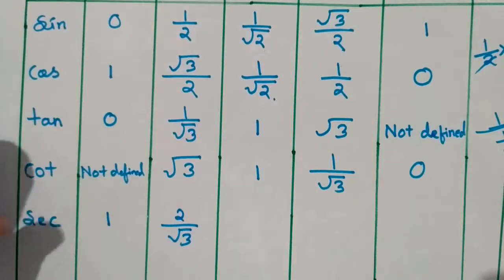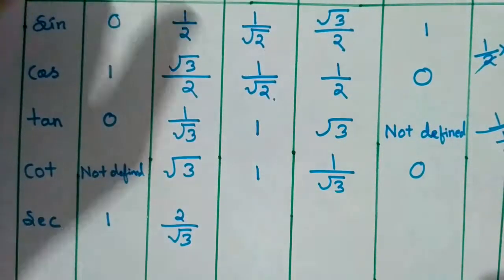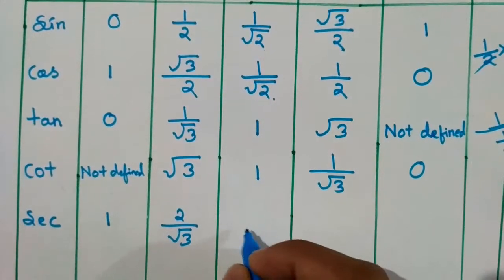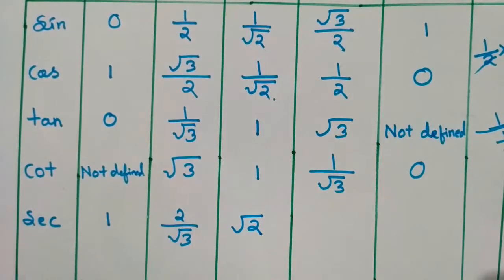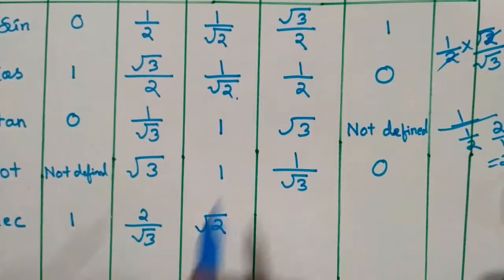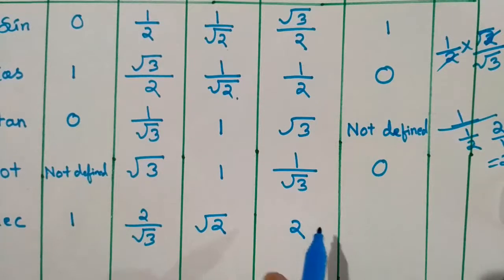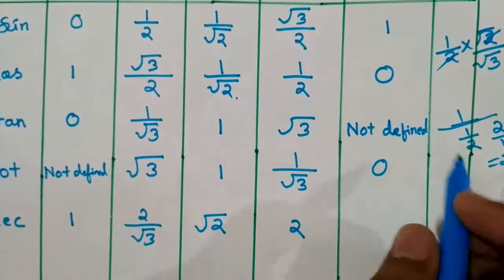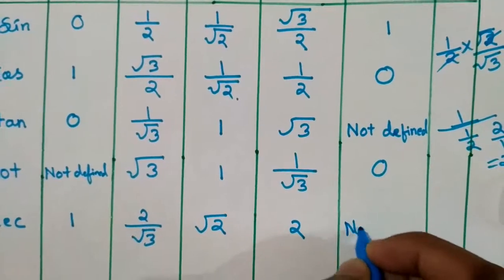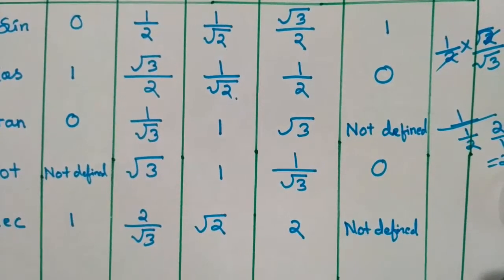So just remember that for sec it will be the reciprocal, the denominator will become the numerator and the numerator will become the denominator. Root 2 will be root 2 itself, the same. Now 2 by 1 will be 2. Now 1 by 0 will be not defined here.